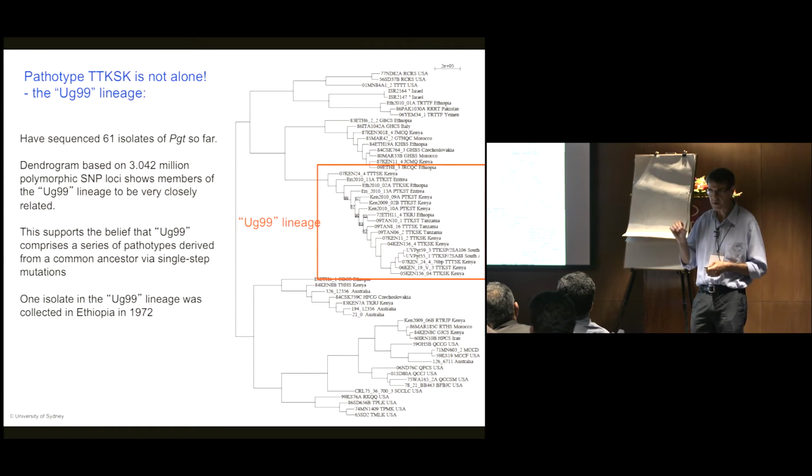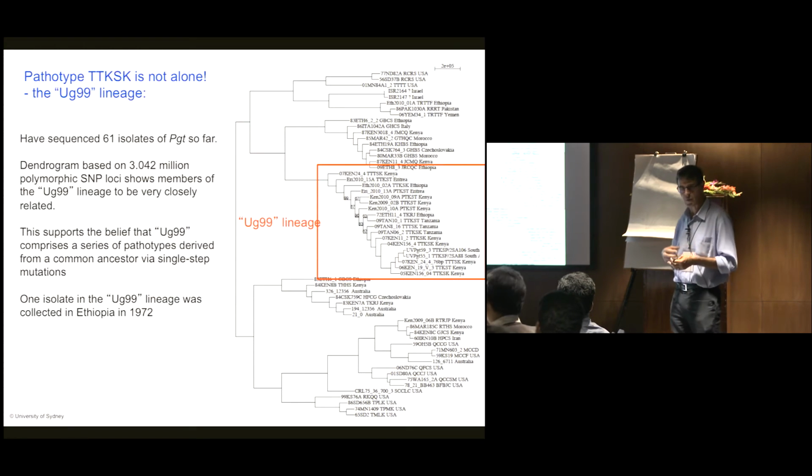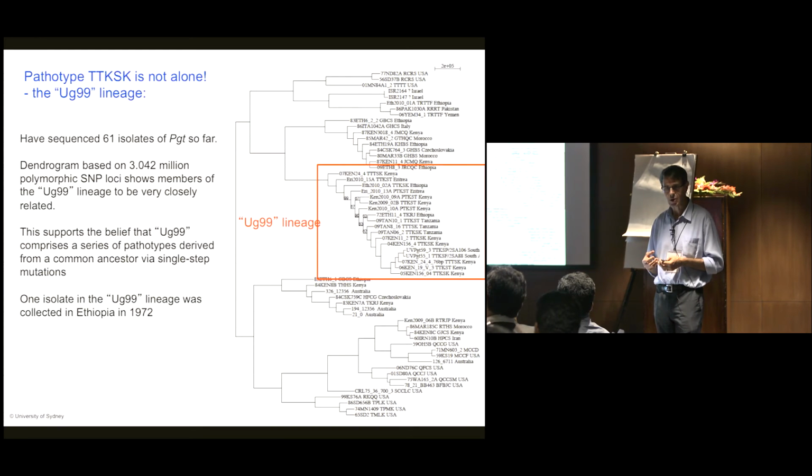They're all isolates of pathotypes within that lineage. And this is showing us that they are genetically discrete. So this is a genetic lineage within the wheat stem rust pathogen population that seems to be very distinct, and they all seem to be very similar. So this is supporting the idea that these things have arisen through mutation in a common genetic background.